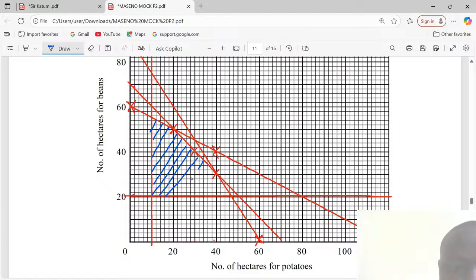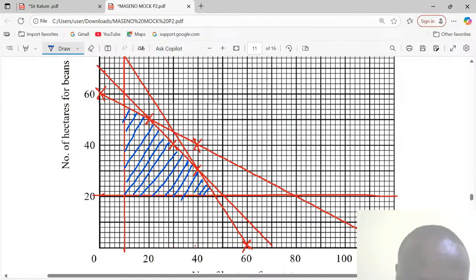Shading the required region. This is the region which has been satisfied by all the lines. So that is it. A very good one.